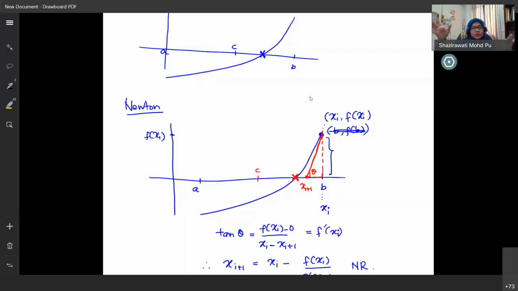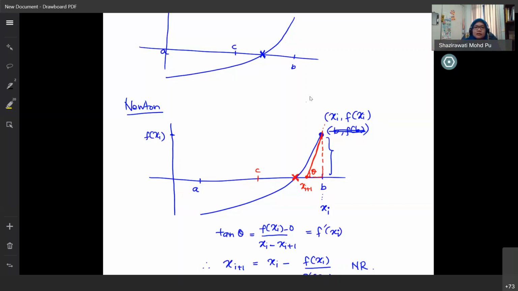But to ensure that we don't get diverged, we find the initial interval. And how do we know that the initial interval is correct? Again, we need to use the IVT to support our justification of why we choose that interval.